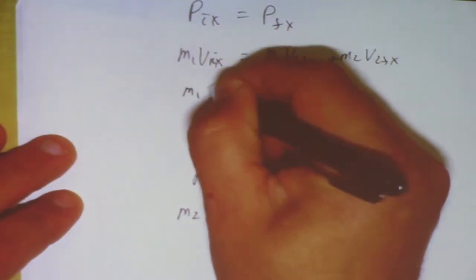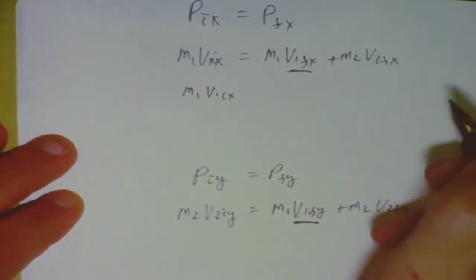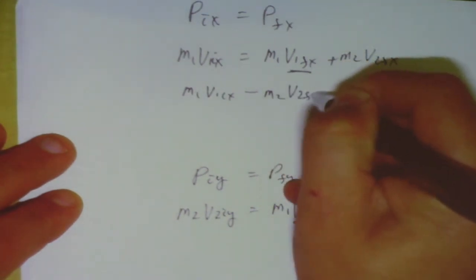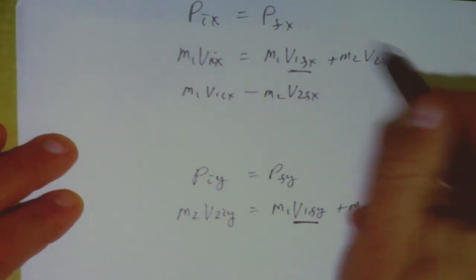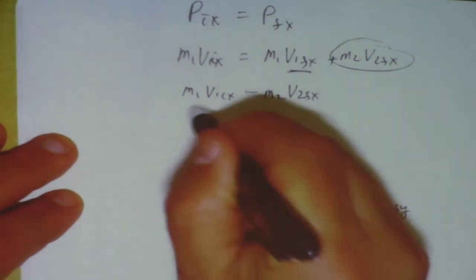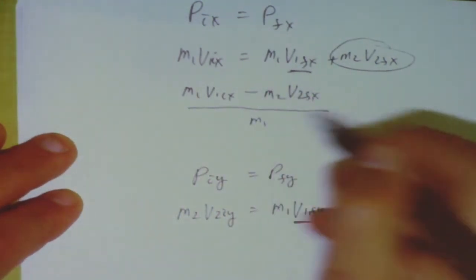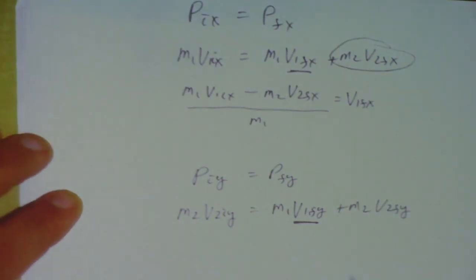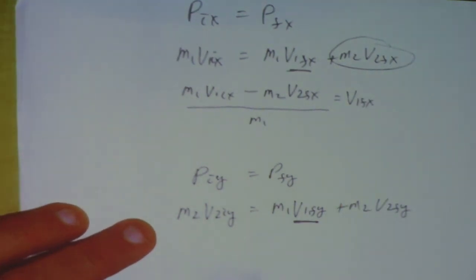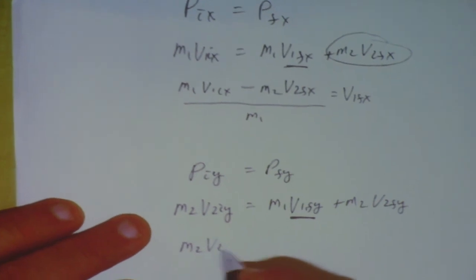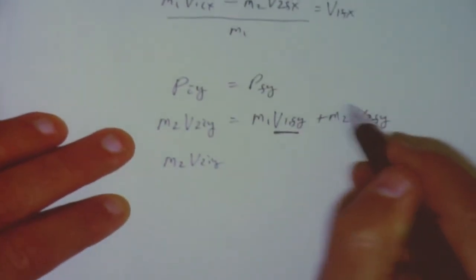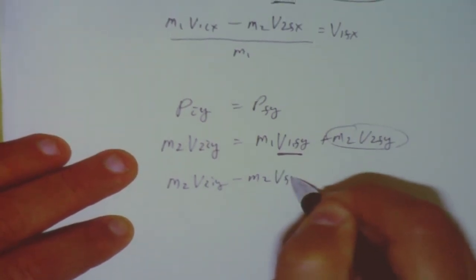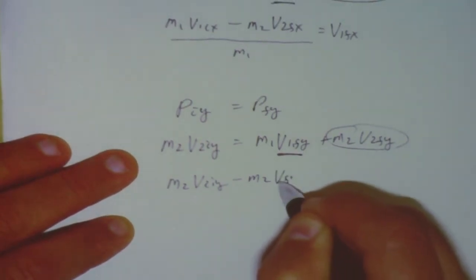So m1 v1 initial x minus m2 v2 final x. I'm subtracting this from both sides, dividing by m1. That's v1 final x. Same kind of idea down here: m2 v2 initial y. Subtract this from both sides, v2 final y.